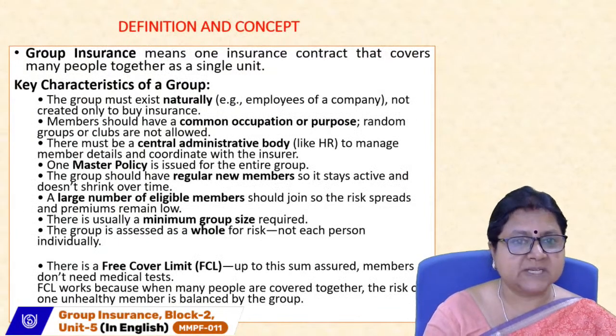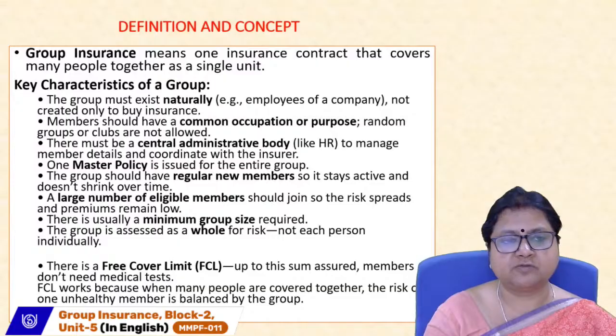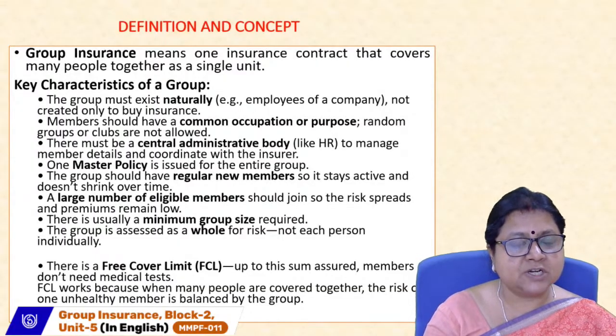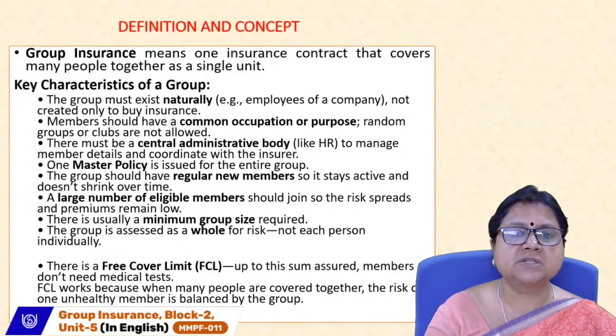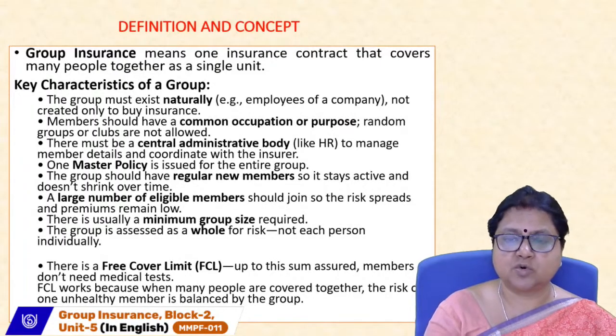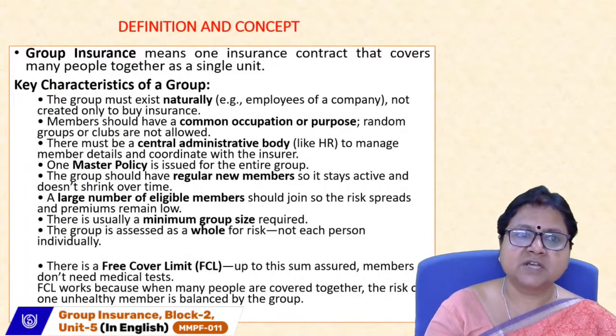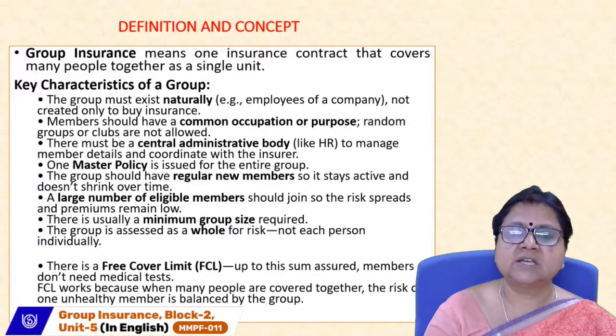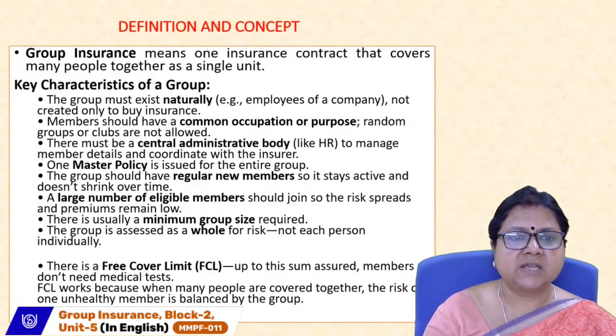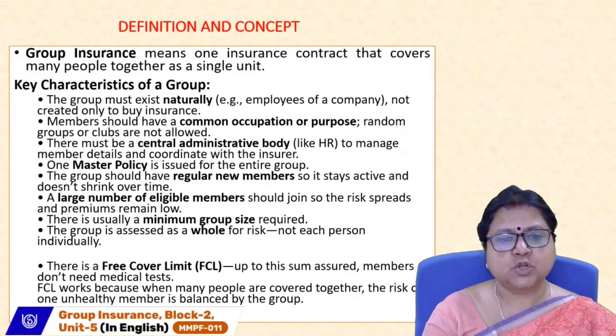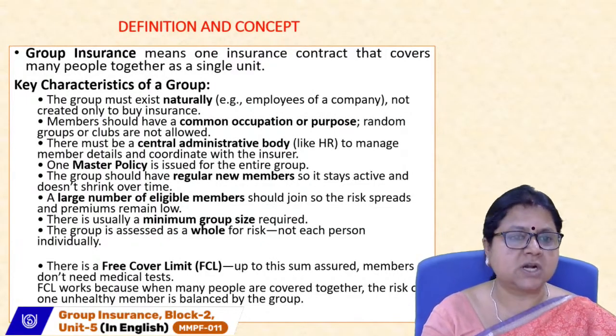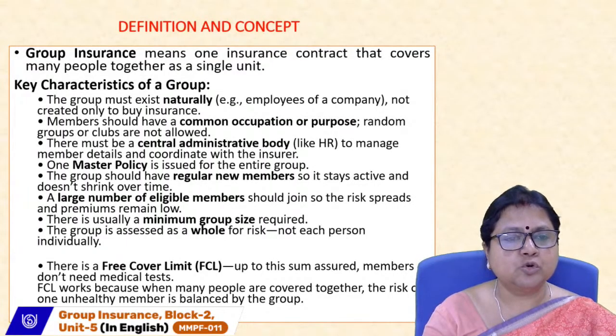Now moving on to the basic definition and concept of group insurance. As you have already understood, group insurance means one insurance contract that covers many people as a single unit. And the key characteristic is the group itself, so let us define who that group of people is. The group must exist naturally.